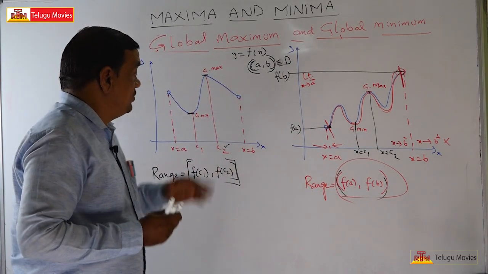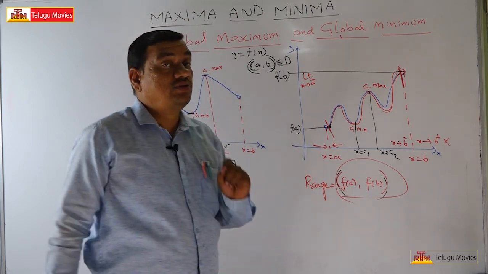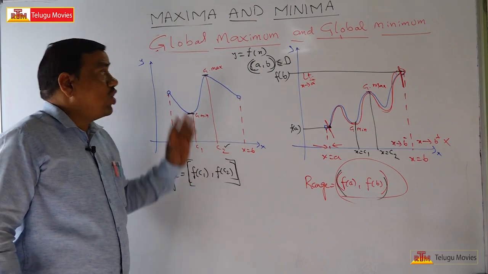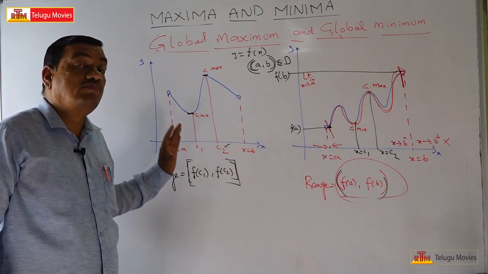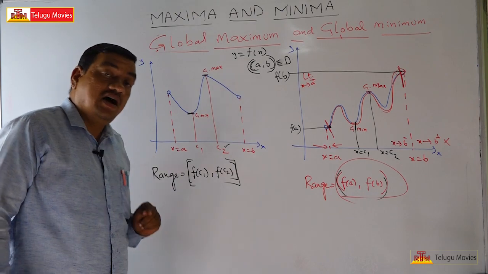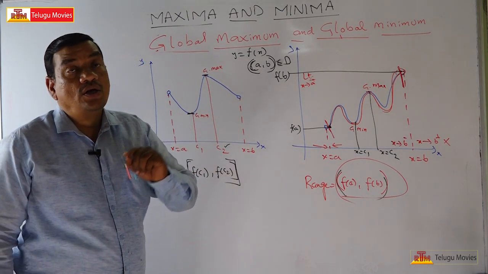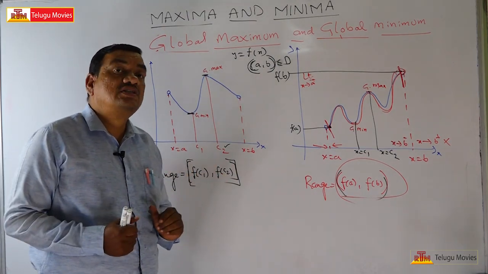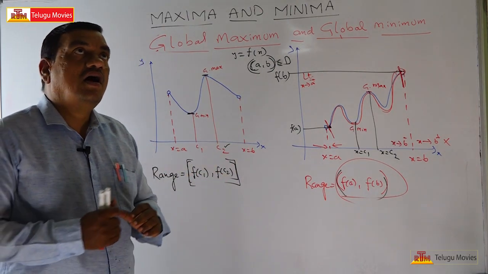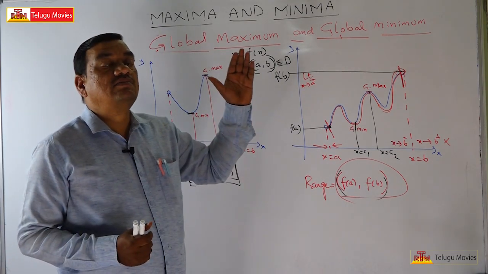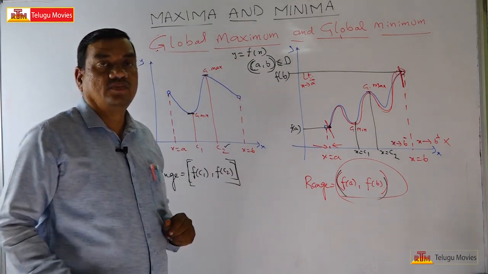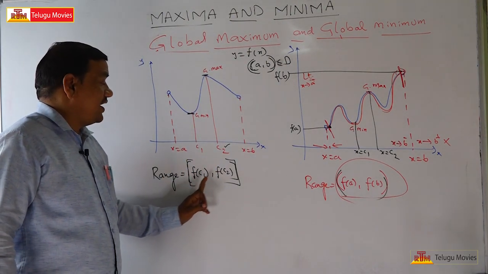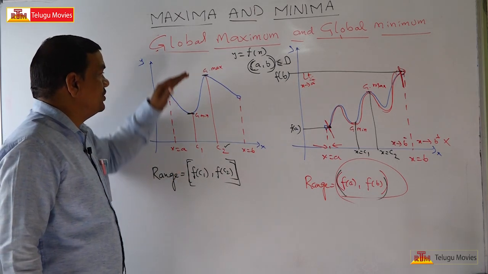That means from these two concepts, we get the conclusion that the range of the function does not necessarily lie between the global maximum value and global minimum value. Generally students have the opinion that range means global maximum comma global minimum, but that is not true. Here it is okay: f of c1 comma f of c2, the global minimum and global maximum.